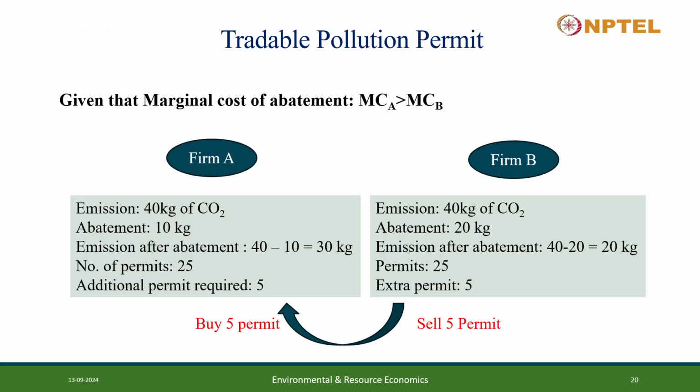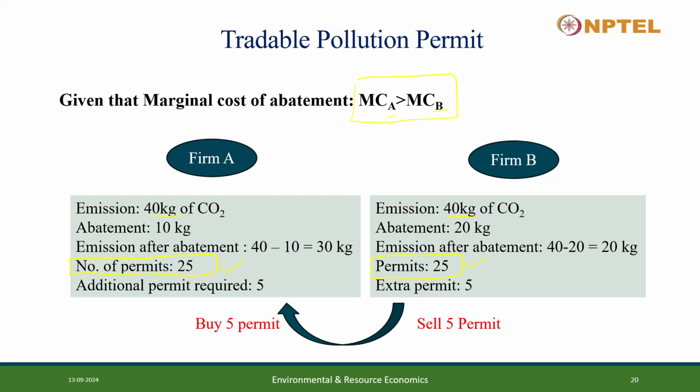So in the tradable pollution permit system, what we do is each of the firms is given some permits. Okay, so each of the firms is given 25 permits. And we have assumed that the marginal abatement cost of firm A is much higher than firm B. So both the firms emit 40 kg. However, the permit that they have is 25 only, right?